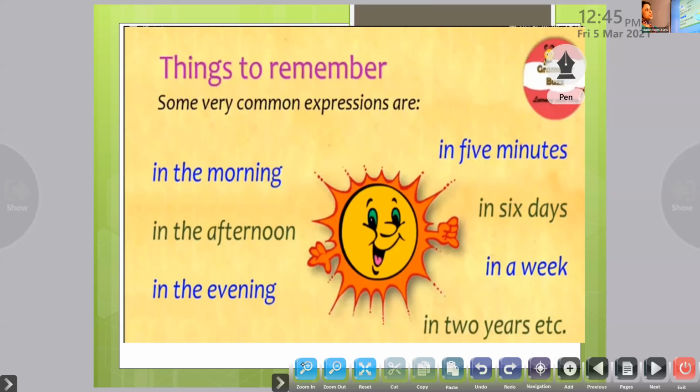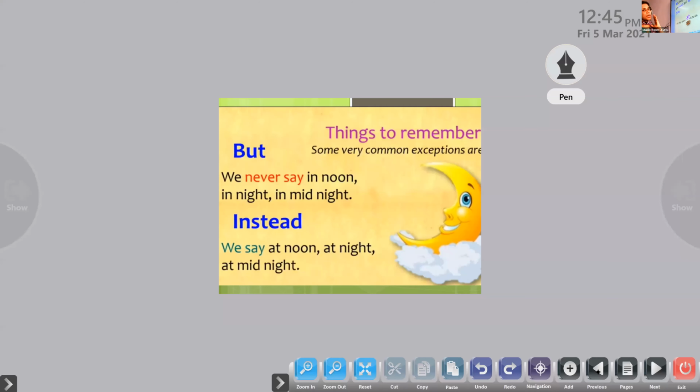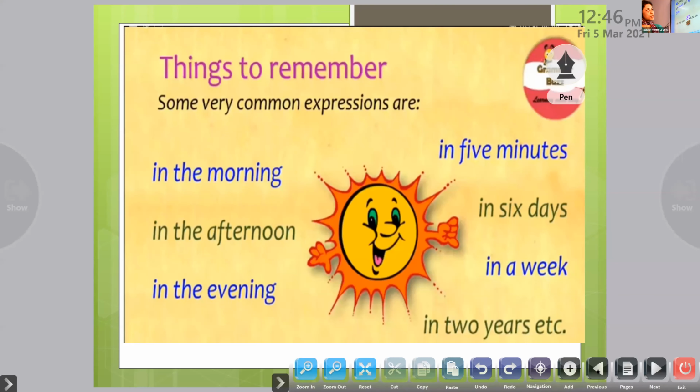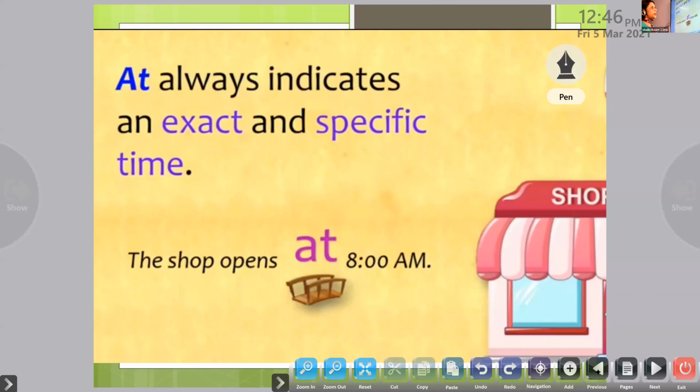And at is used when we speak about a specific or an exact time. Your session started at 11:50 means an exact time is given, or assembly started at 8 a.m. So when we speak about an exact time or an exact place, we use the preposition at.